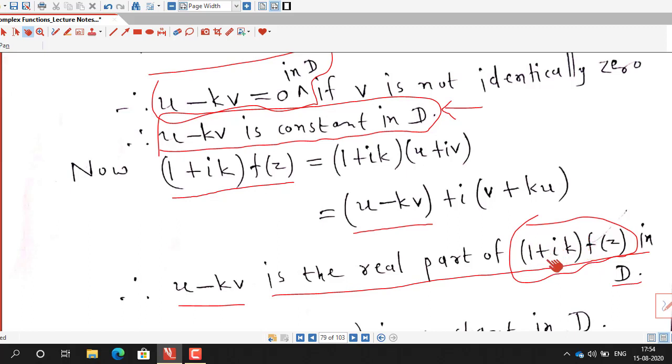So therefore 1 plus ik into f of z is also analytic in a domain D, and we have shown that u minus kv is the real part of this function 1 plus ik into f of z, and this function becomes analytic in a domain D because f of z is analytic.